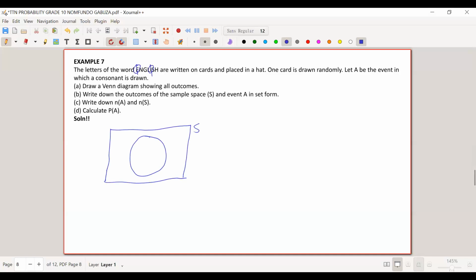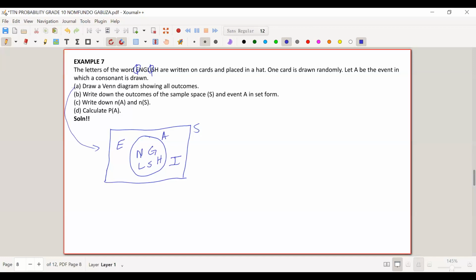We are looking for N, G, L, S, H. But we have to include E in the sample space. E is outside our event. So this is our A. E is going to be here, and we still have I for the word English. That's how we draw our Venn diagram for the outcomes.